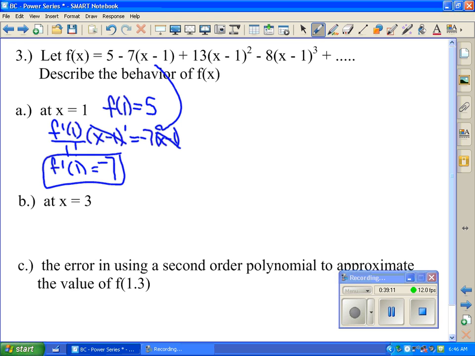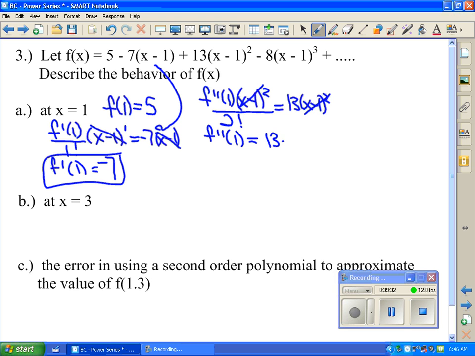So going along those lines, I can also find what f double prime of 1 is and f triple prime of 1. F double prime of 1, x minus 1 squared over 2 factorial, would have to equal 13, x minus 1 squared. X minus 1 squared cancels out. F double prime of 1 would have to equal 13 times 2 factorial, or 26.